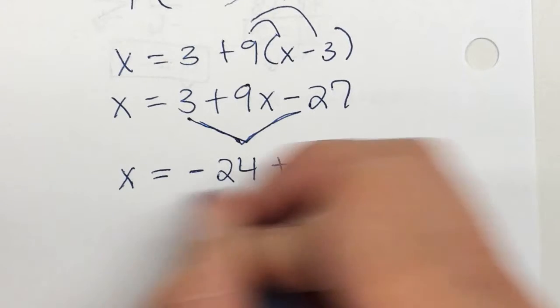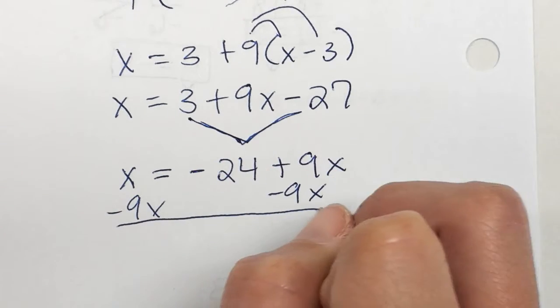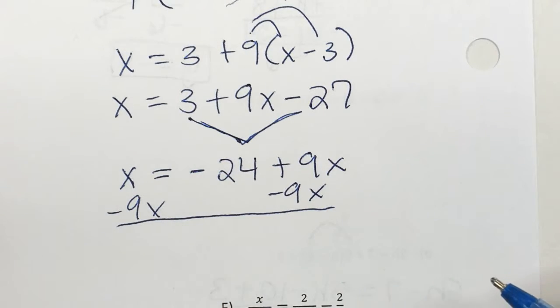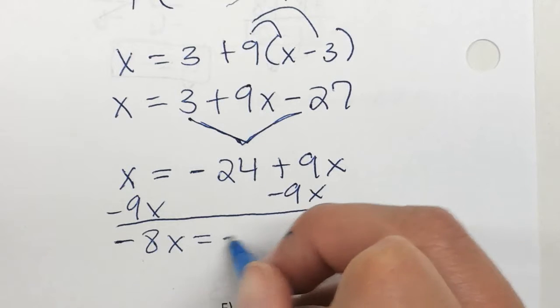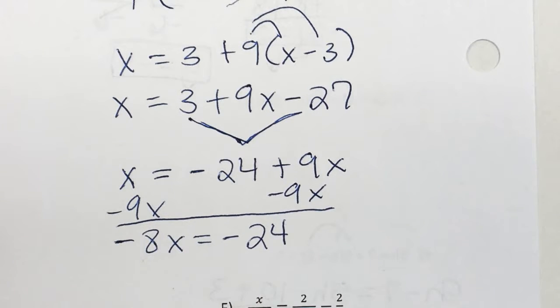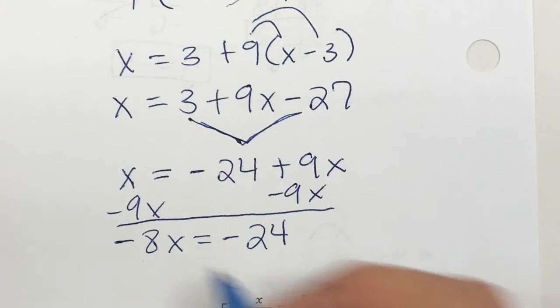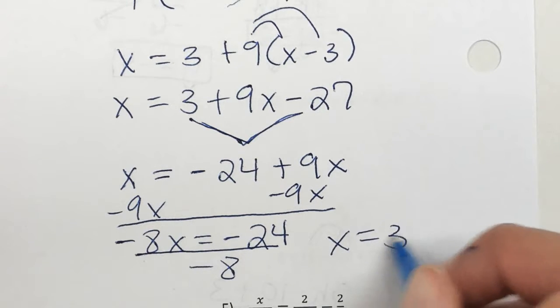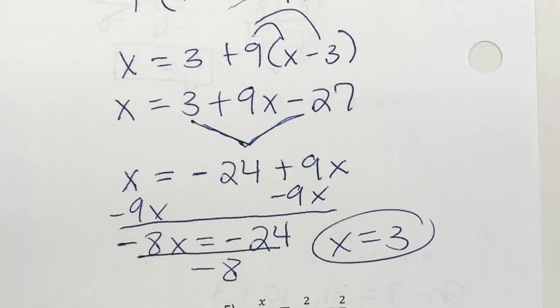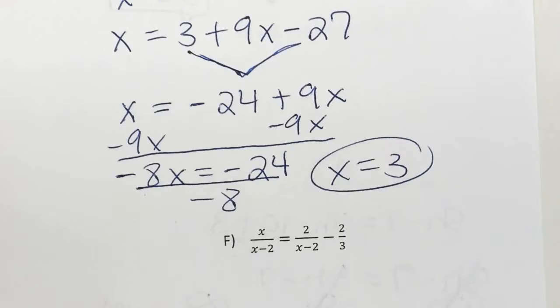Subtract 9x. So what's x minus 9x? Good. You just combine their coefficients. And now? Divide by the coefficient. And x equals? Cool.